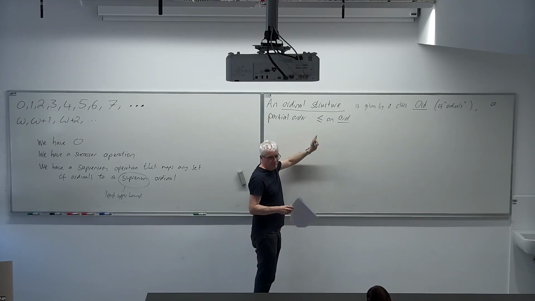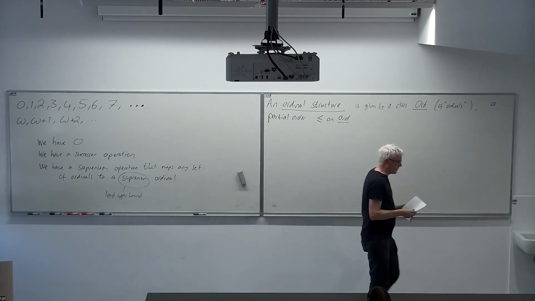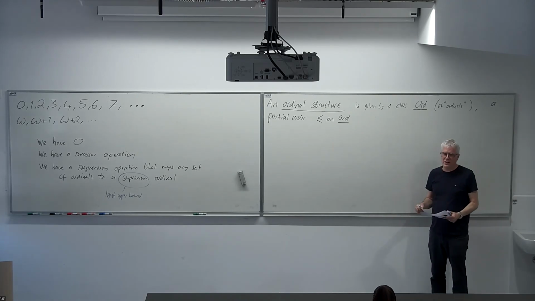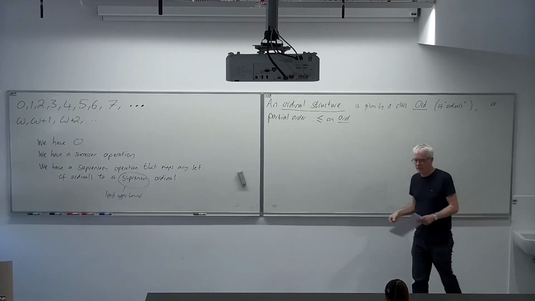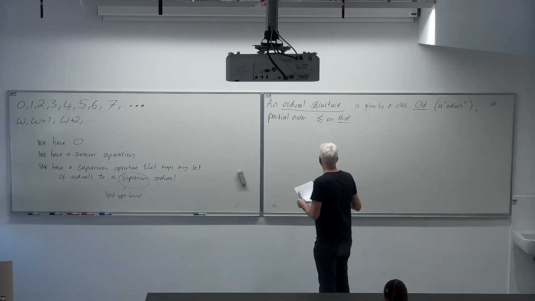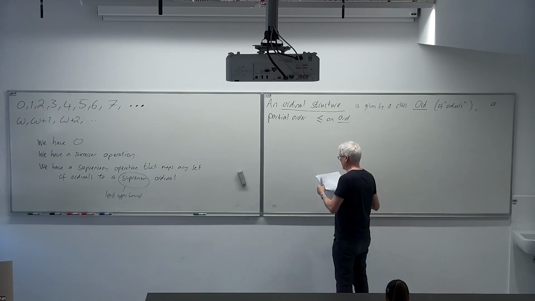I'm going to assume you know about partial orders, but in today's lecture notes, there's a coda at the back, like an epilogue, where definitions and terminology related to orders are revised, so you can refer to those.